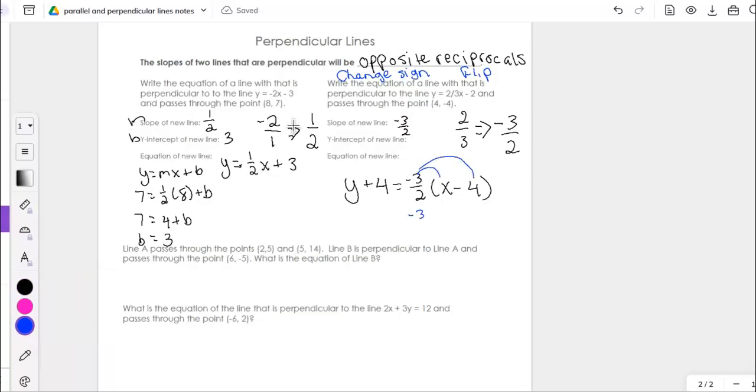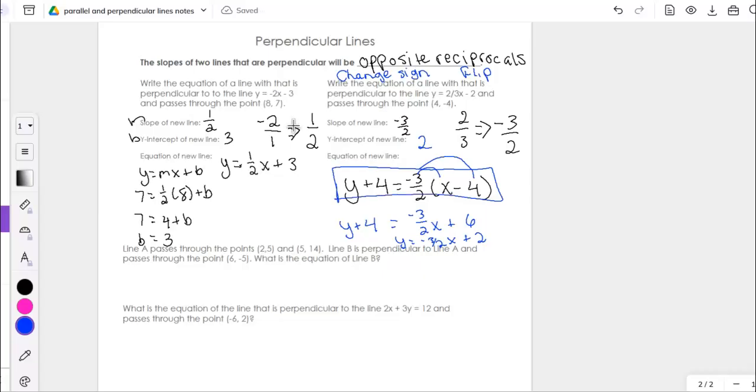Then we distribute. That is positive 12 over 2, which is 6. y = -3/2 x, subtract my 4, plus 2. So 2 is my y-intercept. And then my equation of my line is this one.